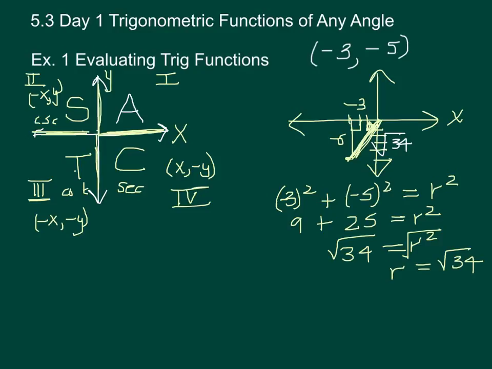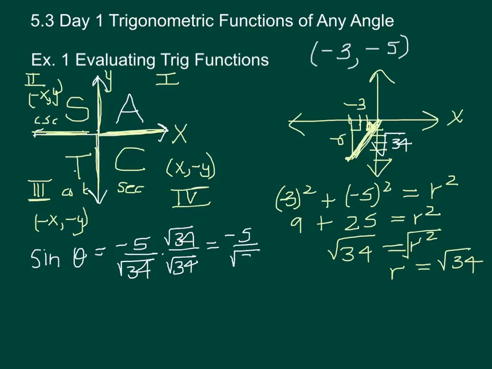So when we calculate all the 6 trig functions, you're going to do sine theta, which is opposite over hypotenuse. And you have to rationalize it. Which will give us -5 over radical 34, or -5 radical 34 over 34.